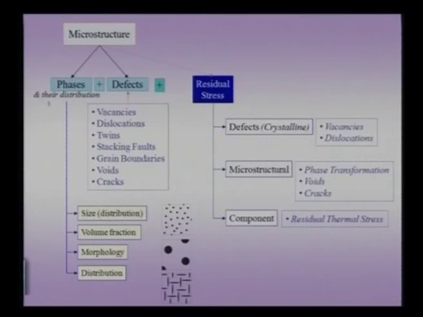But ignoring the scale aspect here and emphasizing more the functional aspect, we can call a microstructure phases and their distribution, the defect structures within, and these defects could be defects within a single phase or between phases, or could be more macroscopic like voids and cracks. And finally, we have to include residual stress if we want to understand the important thing which is known as the microstructure property correlation.